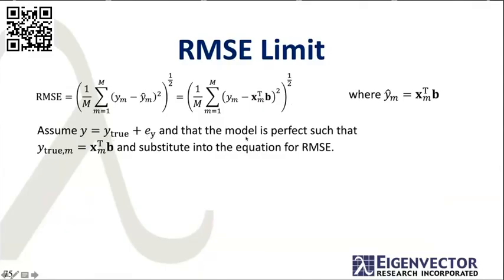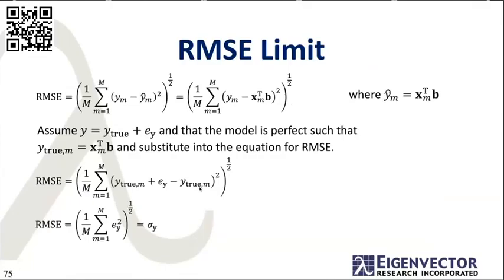And we'll also assume that the model is perfect, such that our model is predicting the true value, and we'll substitute this into the equation. So you get Y true here, plus the error, and our model's predicting the truth, i.e. our model's perfect. Well, you can see that the RMSE, the number that you get, is going to be the error in your reference value.